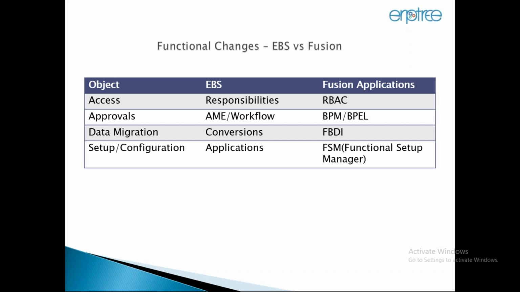And as part of approvals, you have AME and workflows in EBS, but we have BPM coming into the picture in the case of Fusion. BPM is an application which takes care of the approvals, which you can write seamlessly in whichever condition you want. If you have worked on AME, you will find BPM similar, but with much more functionality.